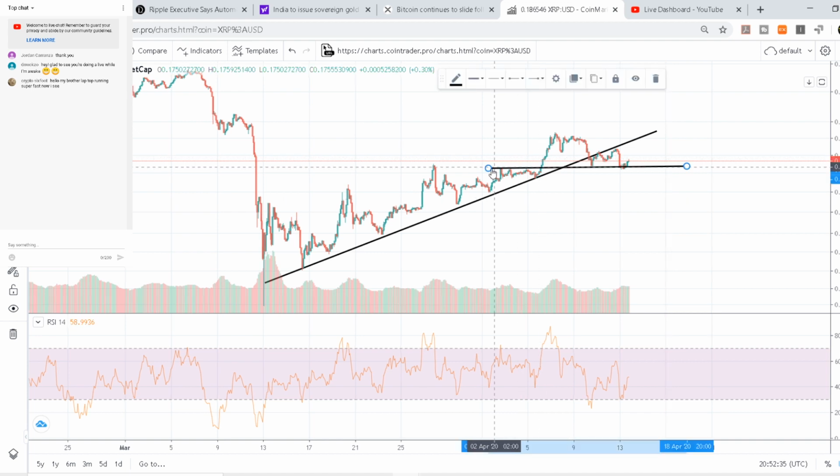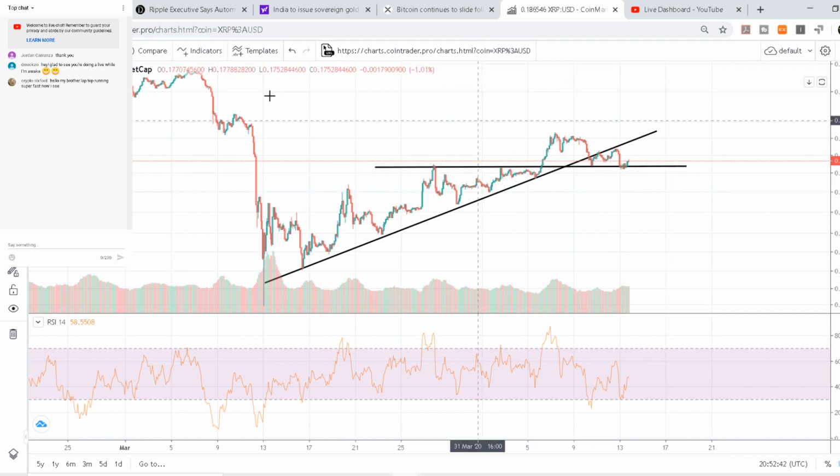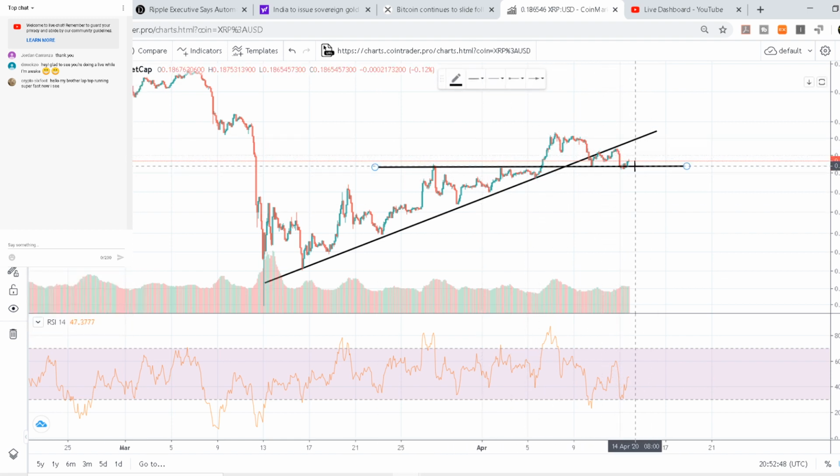It is still maintaining this horizontal level, meaning this was a previous resistance and currently it's acting as a support. So even if we are getting a bounce here, keep in mind that this previous support and resistance area will be intact. Unless we move back in, this is showing you that there is a possibility of the price coming back down.